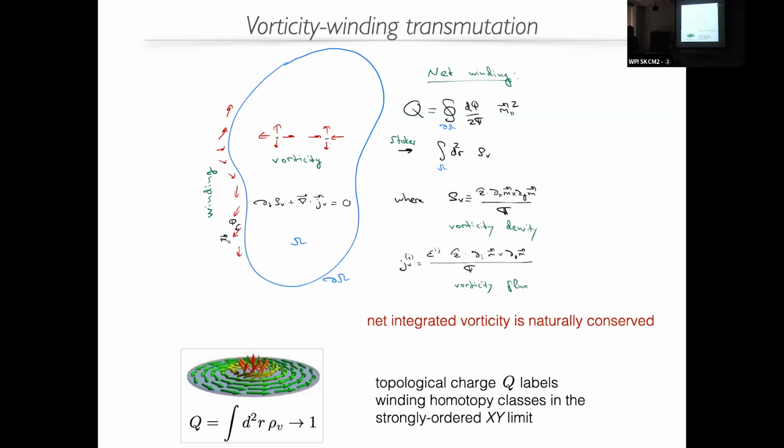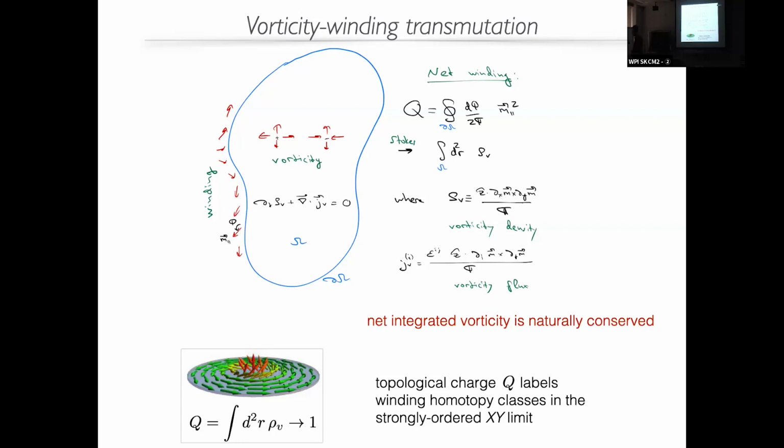In the strongly ordered, strongly easy-plane limit, this vorticity density integrated over the patch would be quantized as an integer number, with basic vortices having charge +1 and antivortices having charge -1.